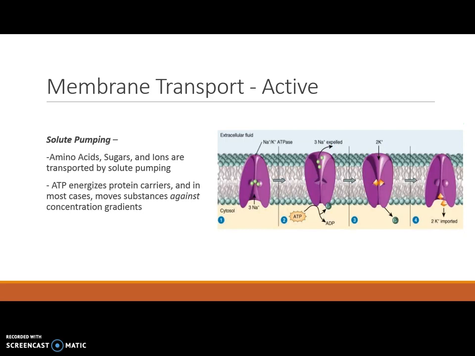In solute pumping, a protein serves as a pump to push a molecule against the concentration gradient. The most common solute pumping mechanism is the sodium-potassium pump found in many cells, but largely that pump is found in nerve cells. In the sodium-potassium pump, sodium is pushed out of a cell, causing potassium to move into the cell.